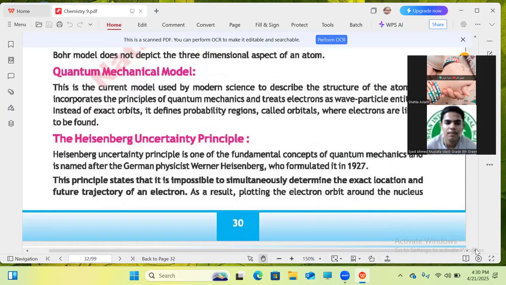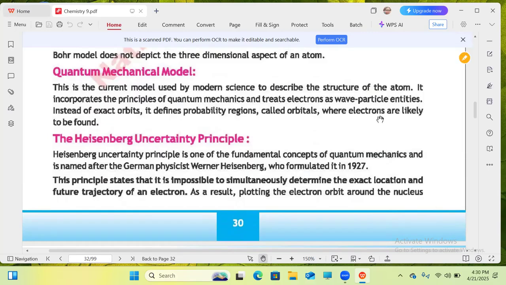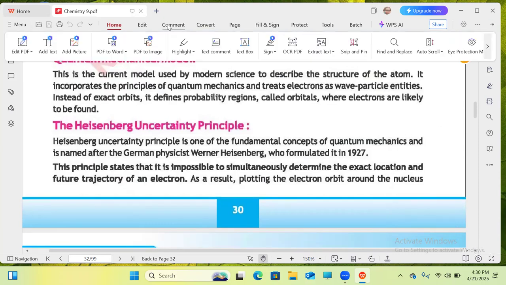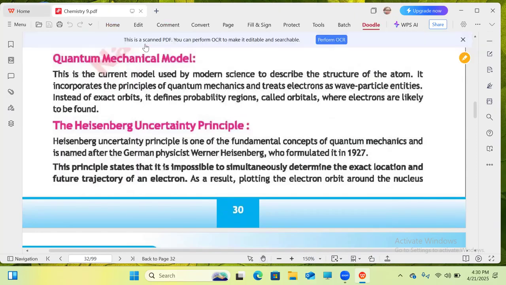He gave a very new and fundamental concept of atomic structure, dealing with quantum mechanics as well. The Heisenberg Uncertainty Principle is one of the fundamental concepts of quantum mechanics and is named after the German physicist Werner Heisenberg, who formulated it in 1927.